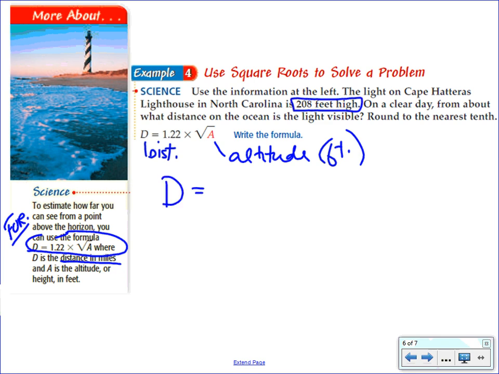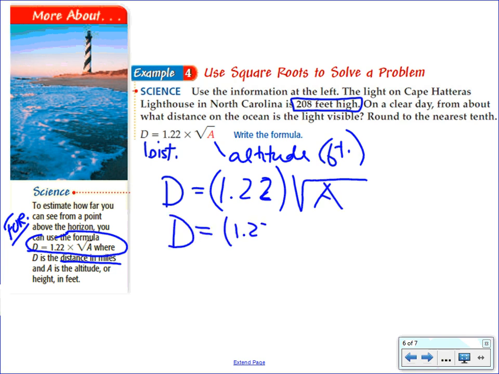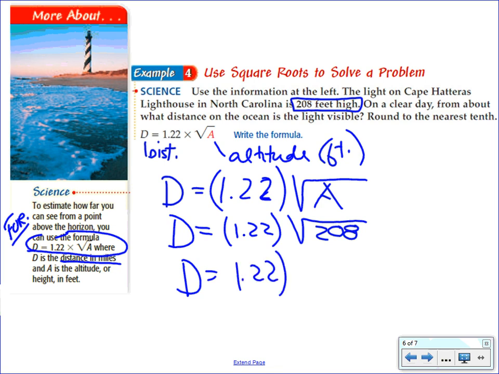So D is going to equal 1.2 times the square root of A. D equals 1.2 times what's A? 208 feet, the square root of 208. So on your calculator, you would find out what the square root of 208 is. And if you did, you would find out it is 14.42.